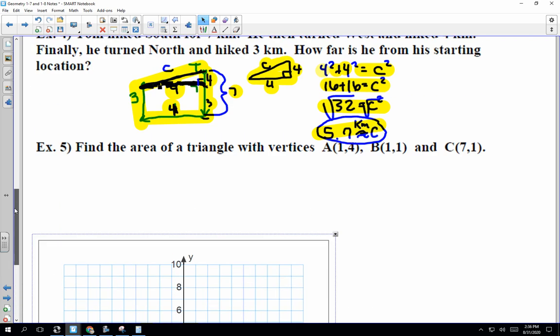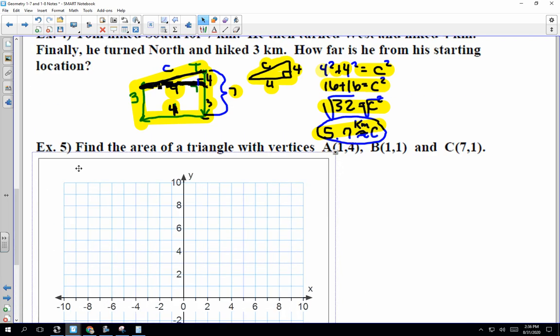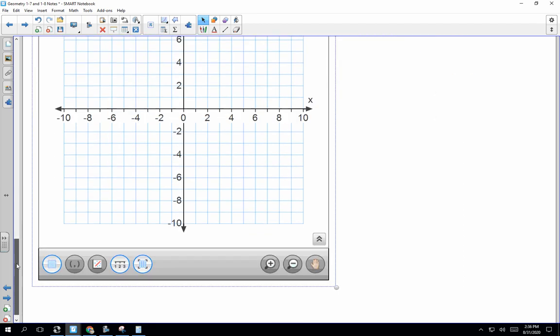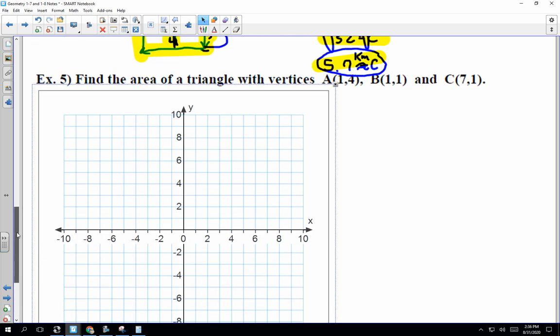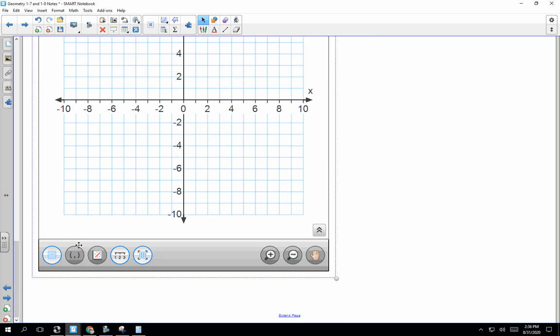So our first coordinate is A, and it's at 1, 4. So that is over 1, up 4, boom, right here. I'll put a dot.